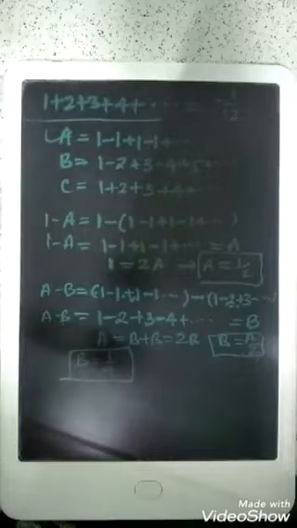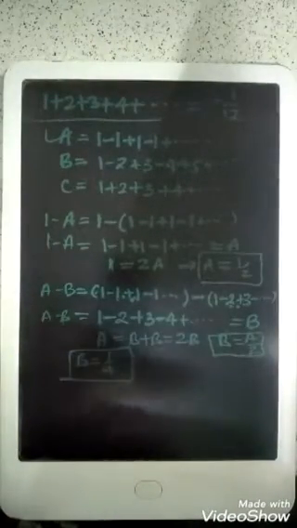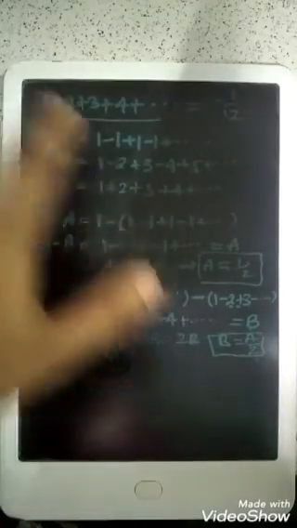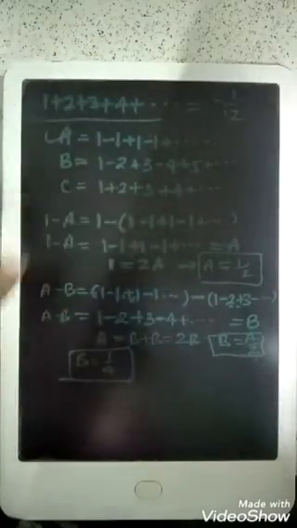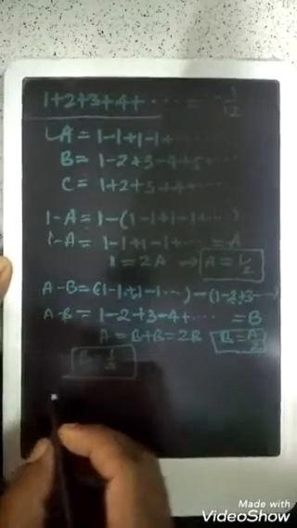So we got A, and we also got B. Now we have to evaluate the required C. What is C? C is 1 plus 2 plus 3, the left hand side of this equation.